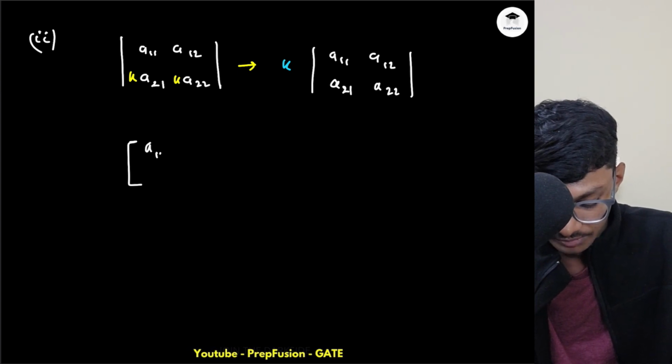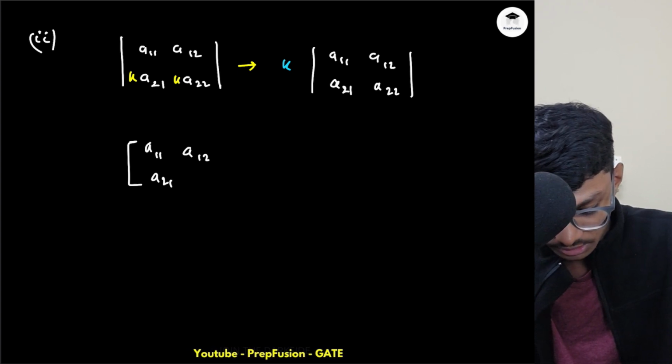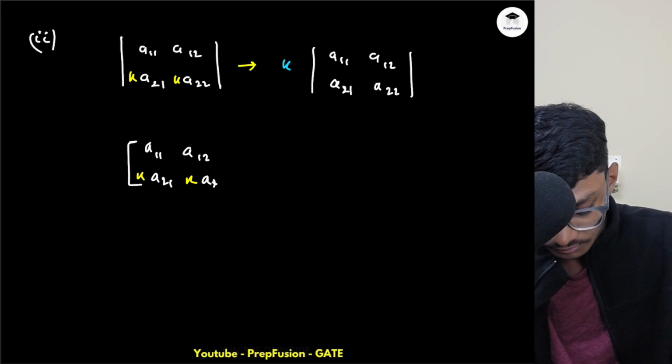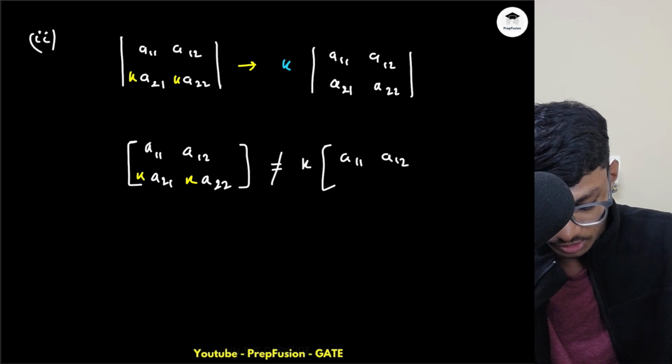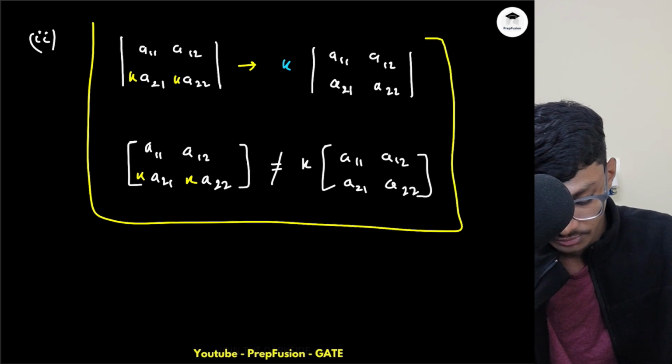With a matrix all the elements should be multiplied. I won't be able to take common. I hope you understand the difference between these two. This is a good thing you have to understand.